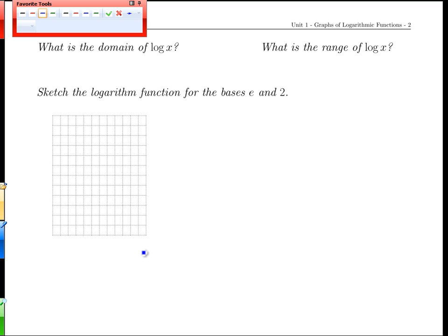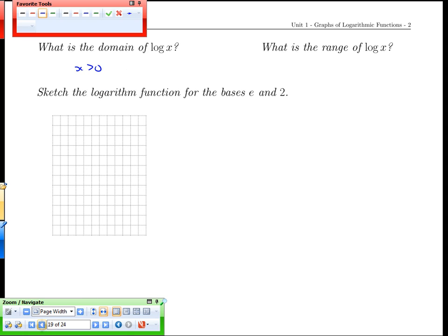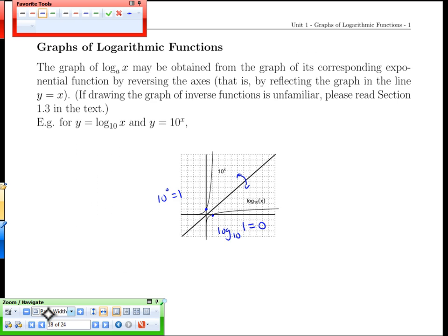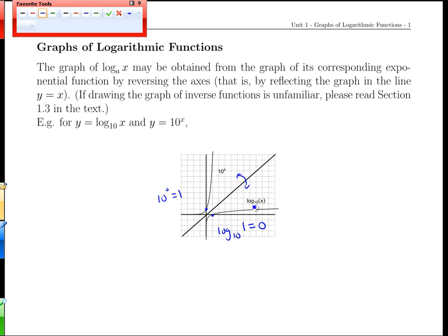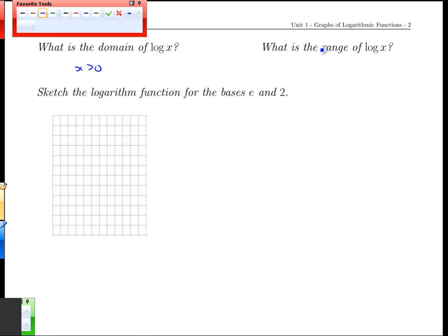That leads us to some statements about domains. Well, the domain of log of x is x strictly greater than 0. Go back to our graph here for a moment. Only the positive values of x are where this log function is defined. The range of log of x is actually all real numbers.